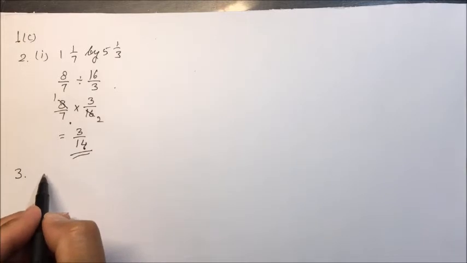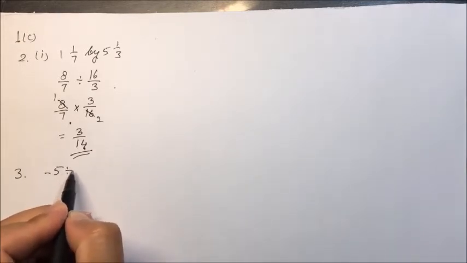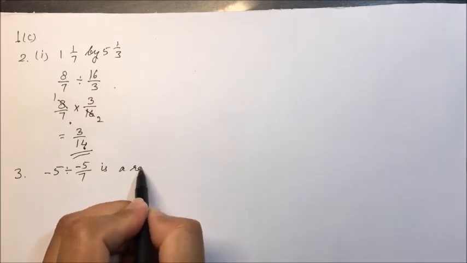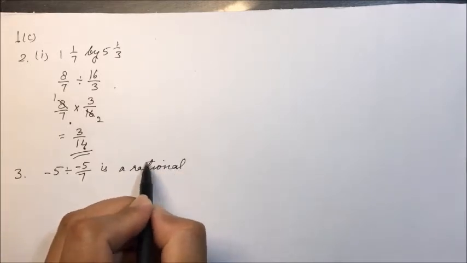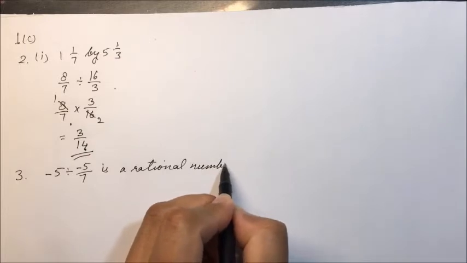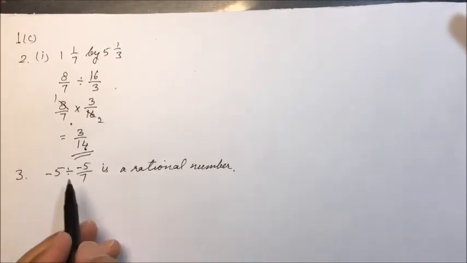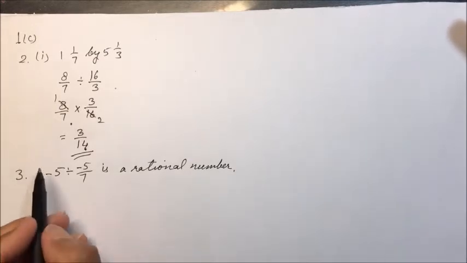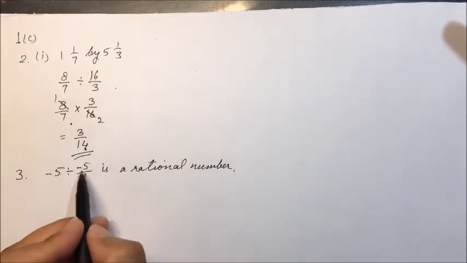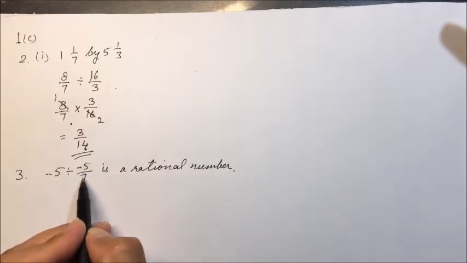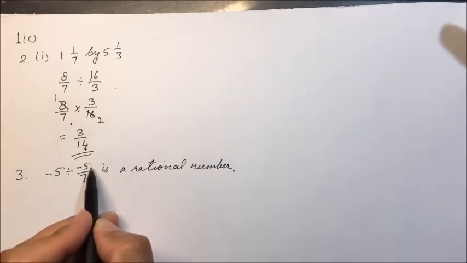or false. So the given statement is 5 divided by minus 5 upon 7 is a rational number. So we have to find whether this statement is true or false. By looking at this division, we can say minus 5 and 7 both are integers. 7 not equal to 0, so it is a rational number.